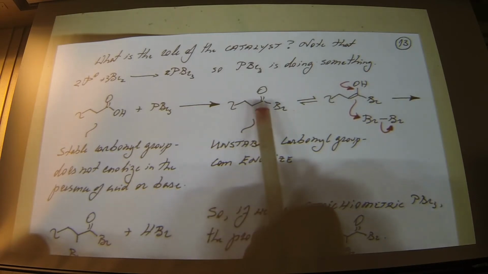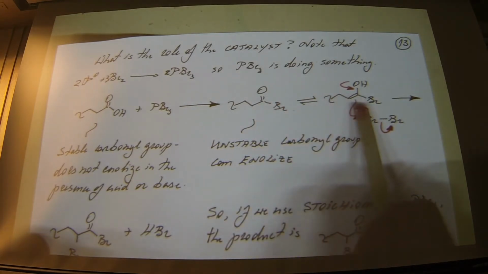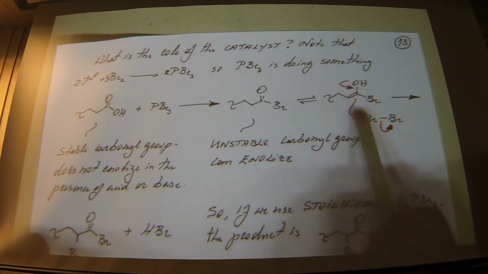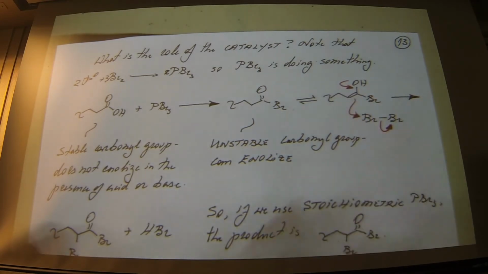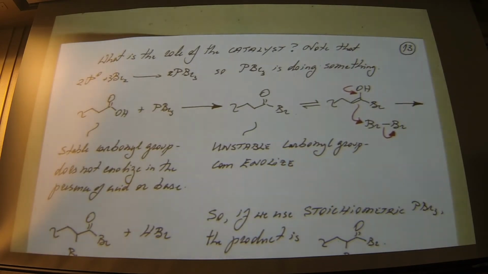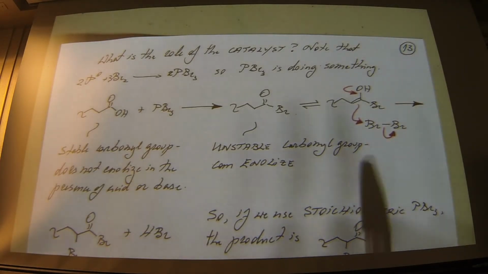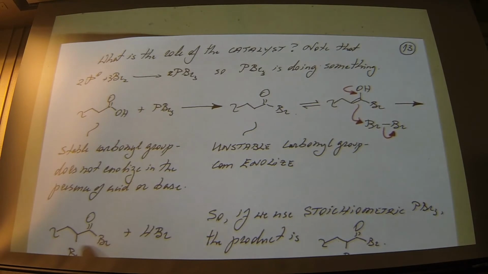And so this carbonyl group can enolize at least a little bit, so you have an equilibrium here, and that can undergo bromination. It's kind of a clever trick, right? Because you go from carboxylic acid to anhydride to aldehyde to ketone to carboxylic acid. You add the PBr3, you leapfrog all the way to the high end of the reactivity scale, which is the acid bromide, which can enolize, and it does. And because it enolizes, it undergoes bromination.